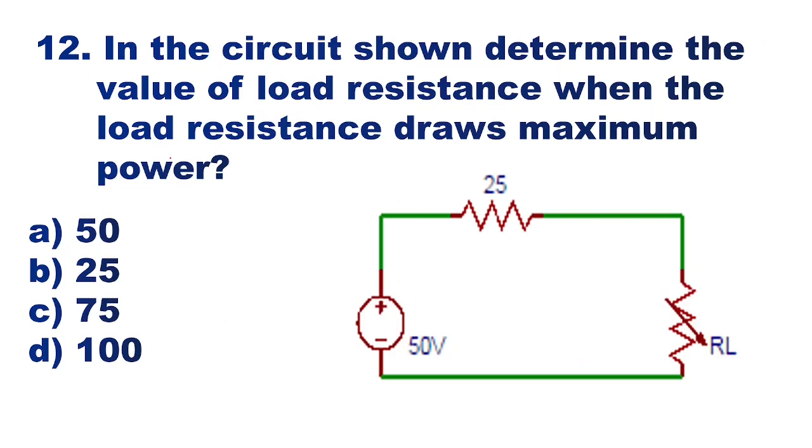In the circuit shown, determine the value of load resistance when the load resistance draws maximum power. Here we have a source of 50 volt, and here we have the source resistance of 25 ohms. Maximum power will be transferred to the load only when the load resistance is equal to the source resistance.